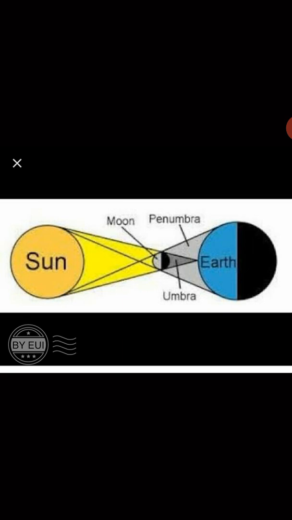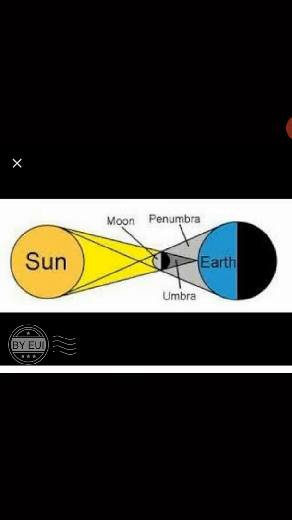So as you can see in this image, the dark one is the umbra and the light grey one is the penumbra. So penumbra is formed when partial shadow is formed, but umbra is formed when the region is totally dark and the shadow is completely dark.